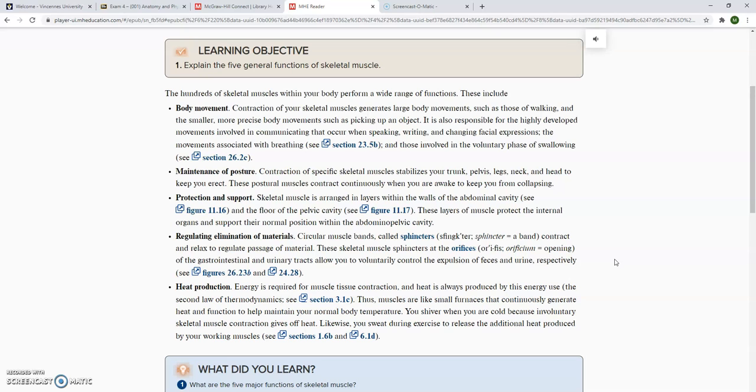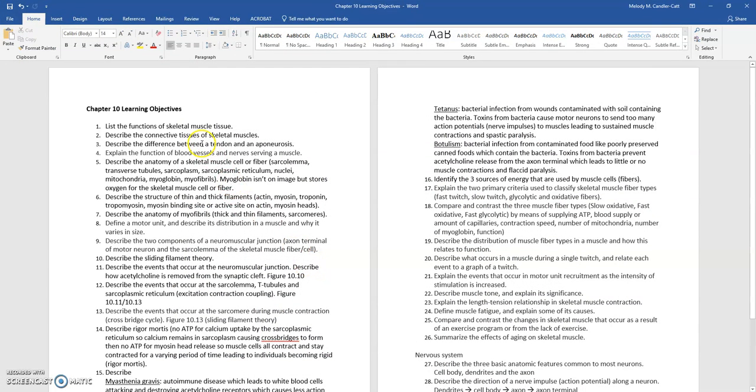All right, so those are the functions of the skeletal system that you should be familiar with. Most of them you're probably pretty familiar with, but there's some that may be new to you. The next thing that we're going to talk about is the connective tissues of skeletal muscles. I think this week we'll primarily focus on the anatomy.